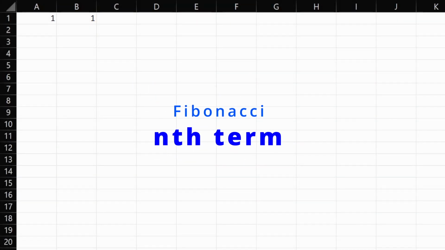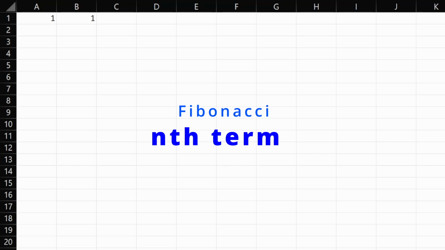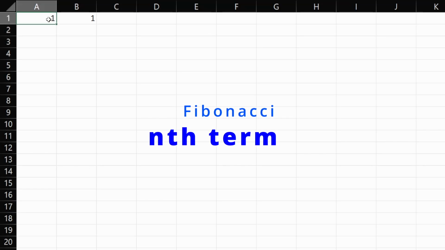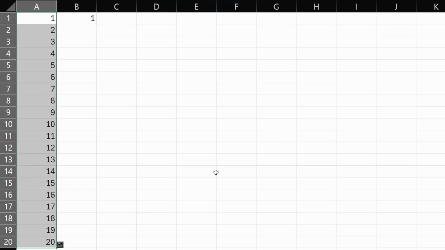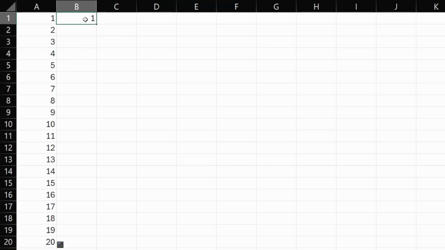So here we are back in Excel, full circle, and my first column is going to be my value of n, so starting with 1, moving down to 2, using Excel's autofill feature, I can go down to my first 20 values of n, and my second column, my B column, is going to be my Fibonacci values generated from the nth term rule, which is quite ugly to look at when you put it in Excel, lots of brackets. This is the third attempt, and I finally got the brackets in the right place.